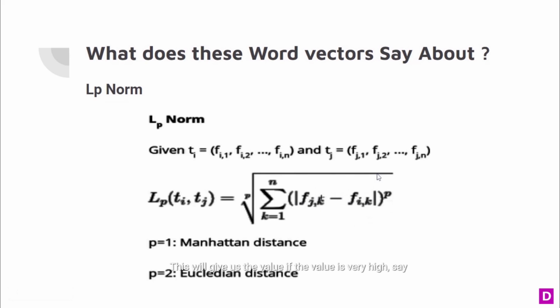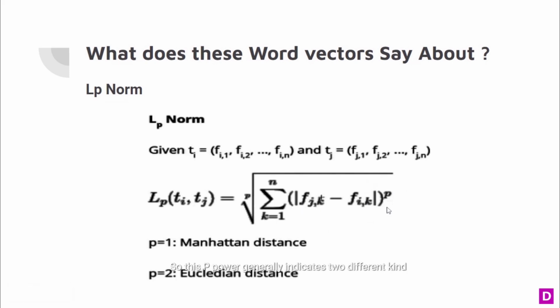If the value is very high, say the LP value is 1.5 for two given terms, and for two other terms the LP value is 0.5, then we could generally say that the two terms with the highest LP value are more similar when compared to the 0.5 value, right?